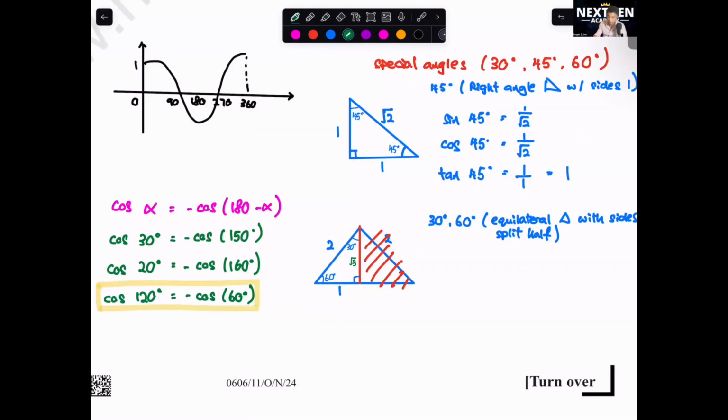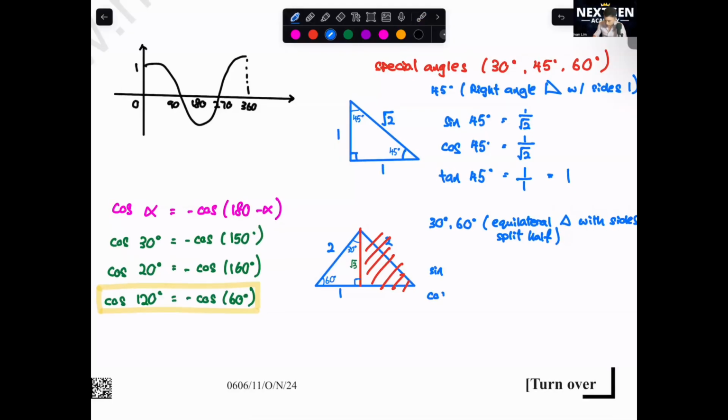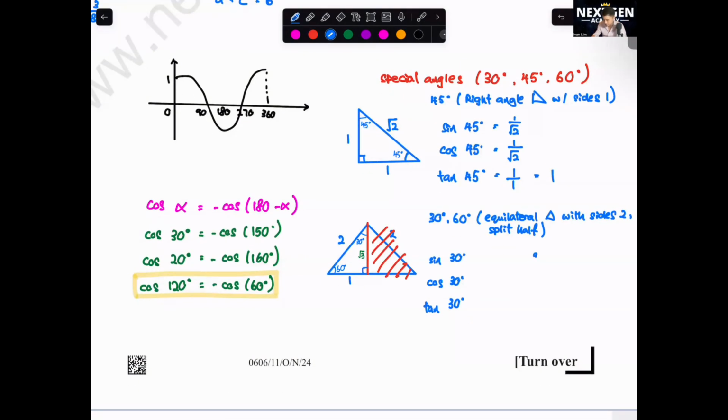Now can you all write down your sine, cos, and tangent according to this triangle? You're going to use SOHCAHTOA. So sine, cos, tangent for 30 degrees, and then sine 60, cos 60, tangent 60 degrees. You don't have to find all of them just to do this question; this time I'm just explaining the full explanation.